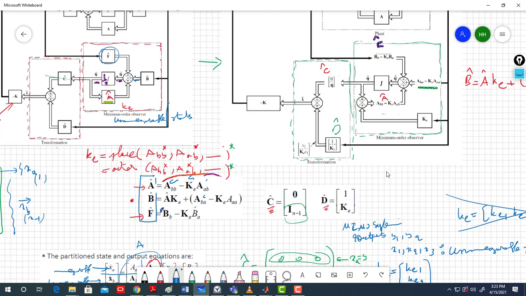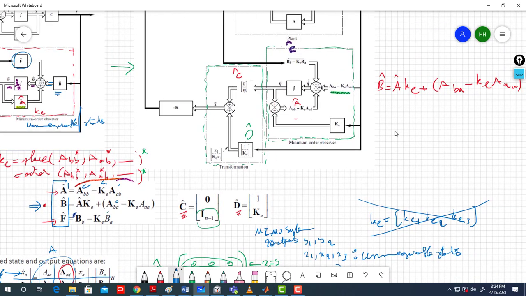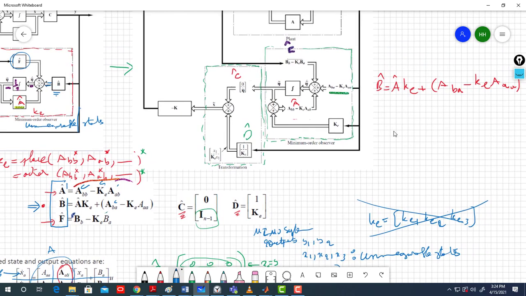They just use the expressions in the block diagram rather than putting F hat. So what is different? A hat is the same, F hat is the same, C hat is the same, so it looks like the same block diagram. What's different? The only minor difference is in the B hat. Look at B hat. B hat is A hat KE plus ABA minus KE AAA. And it's represented here.